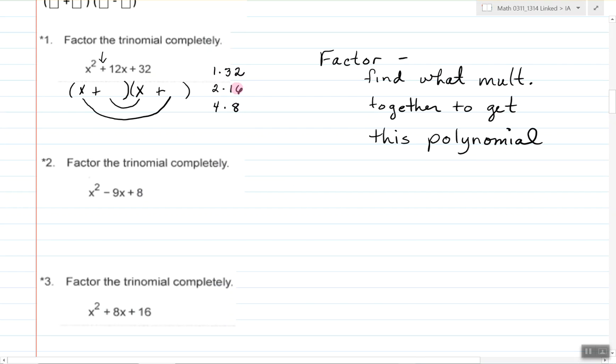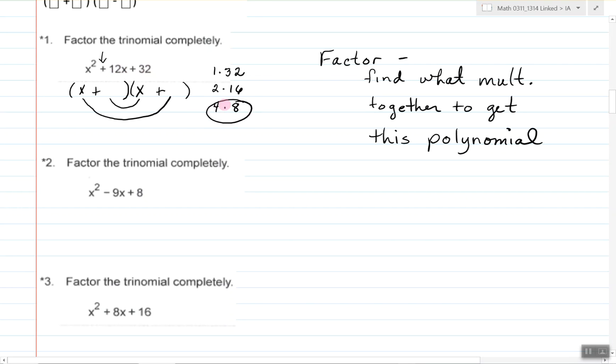Any of these pairs would work to multiply this times this to give me 32. But I have to select the pair that also add up, because of outers and inners, to be 12.